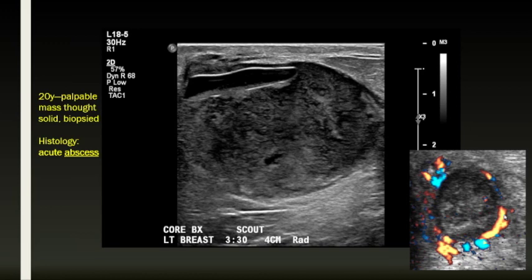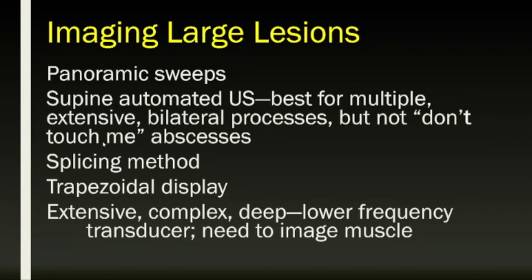Yes, it was the same kind of material that was found in this smaller abscess and possibly drainable. This was not recognized as fluid anteriorly. The histology of the core biopsy was acute abscess with nothing else. So things can look that way.